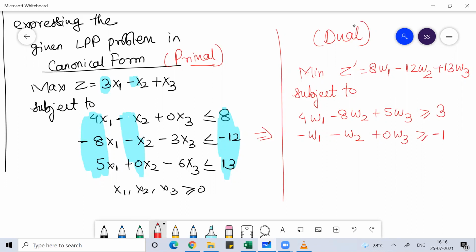Similarly, 0 W1, minus 3 W2, minus 6 W3.